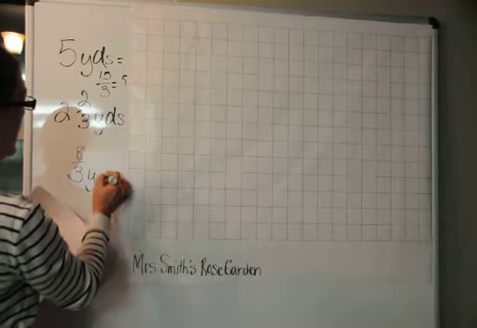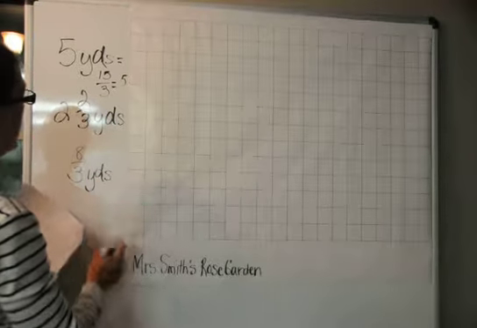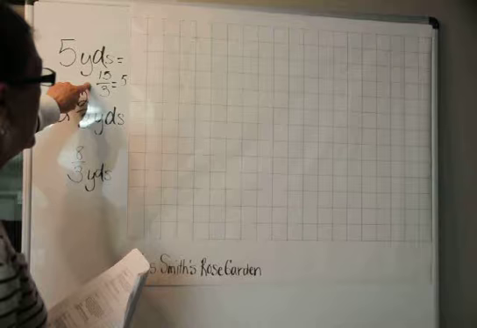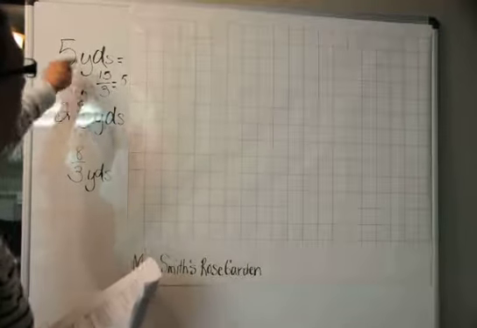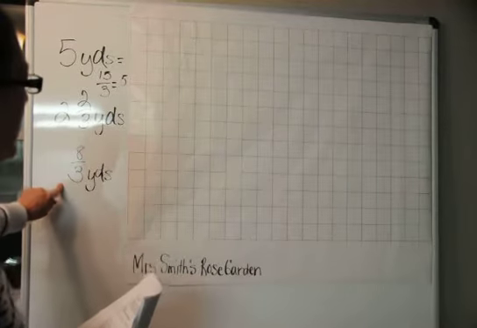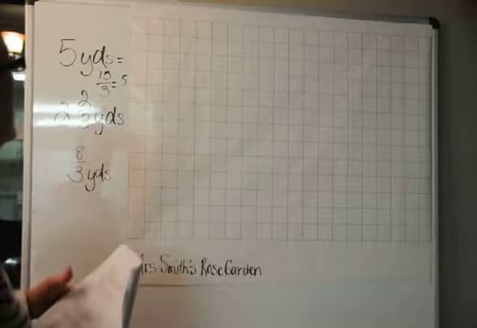So that's 8 thirds yards. So we have 15 thirds for our length, and we have 8 thirds for our width.